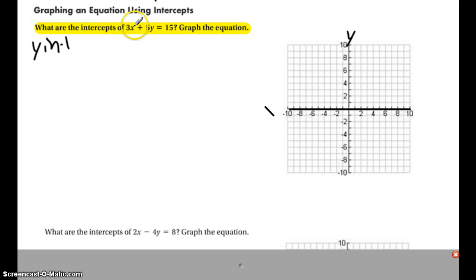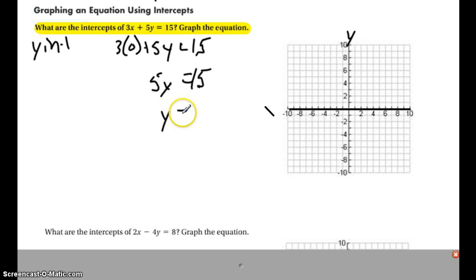So if I plug in 0 for x, I'm going to have 3 times 0 plus 5y equals 15. That's going to leave you with 5y equals 15. y is going to equal 3. And that's going to be our first intercept. Next step is to go ahead and plug in 0 for y here.